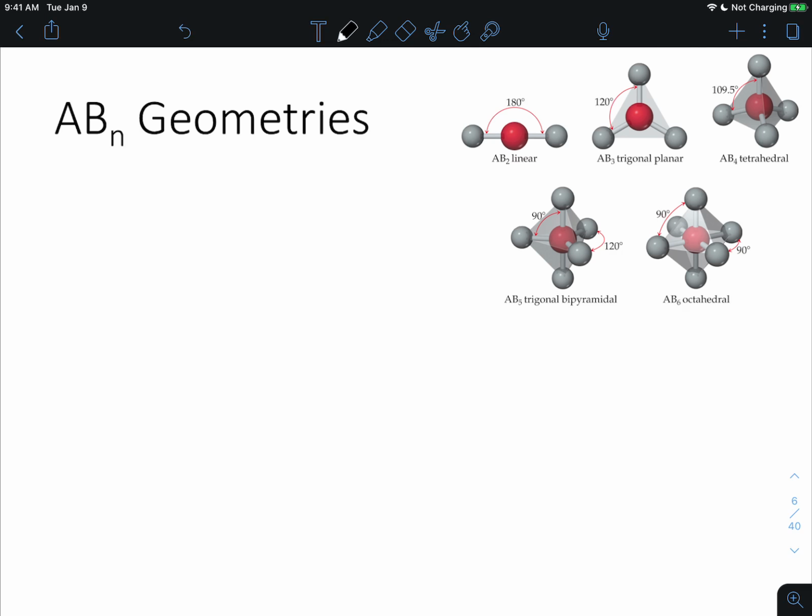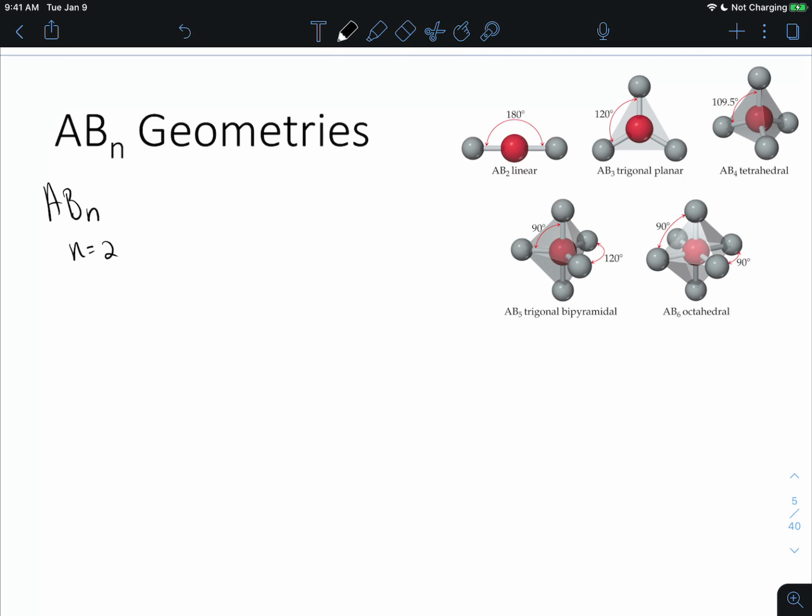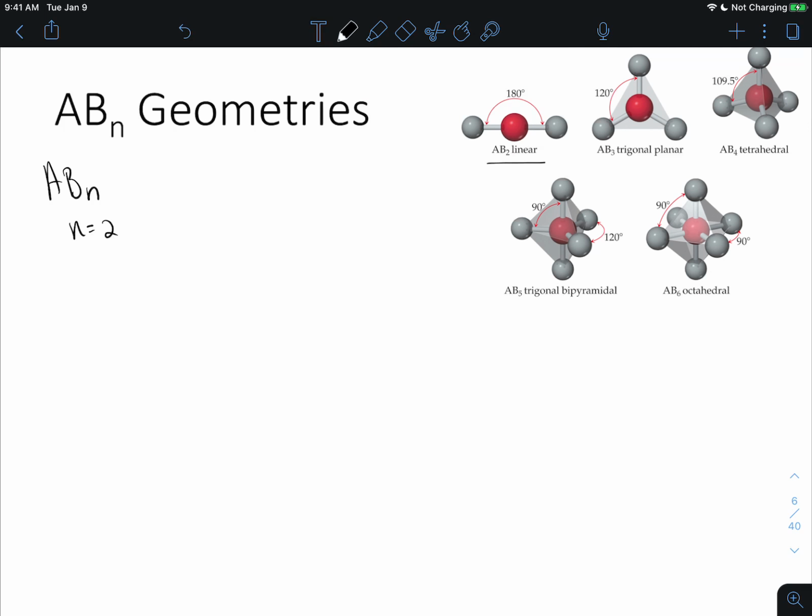So we start out with an AB_n geometry where n is equal to 2. And here in our n equals 2, we are going to have a linear geometry where all three atoms are in a line. Hence the linear.